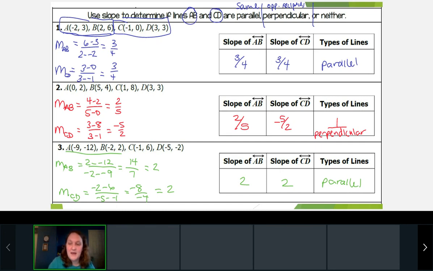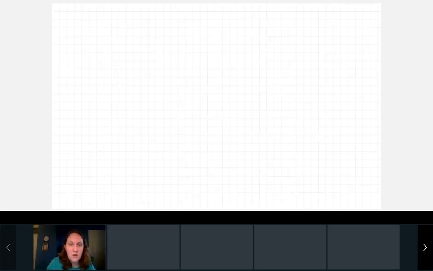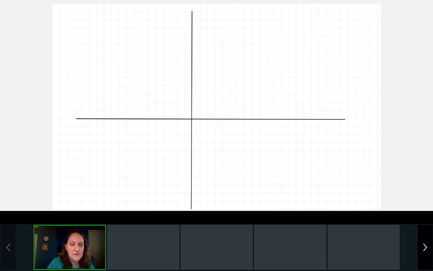If you did it by graphing, give me a moment to pull up a graph. There's the graph. Let me give myself some axes here. And maybe you graphed them on Desmos. Same idea, you'll graph the points and then count the blocks.